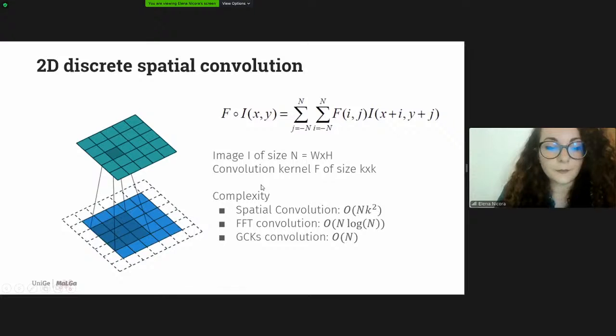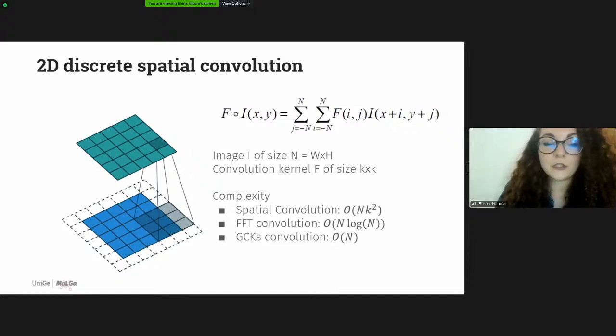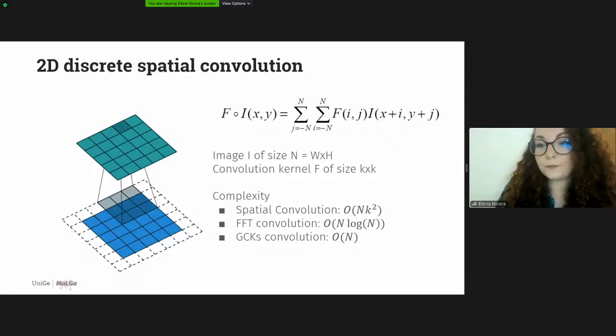It's an application of an operator to an image in which the ending result would be an image of the same dimension of the original image, but whose pixel values would be the simple linear combination of the image pixel and the kernel values.